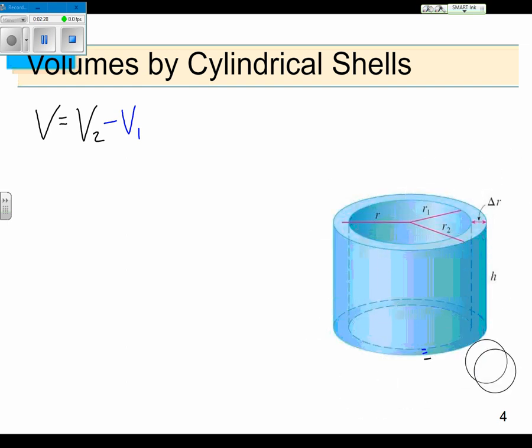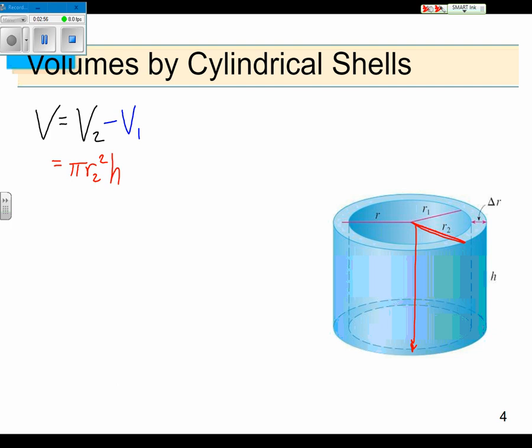As you can see, I've got some different stuff labeled on here, and I'm going to derive the whole formula going down. Okay, so we're talking about a shell right here. The outside shell, as you can see, I use the radius to be R2. And so it's a circle up there on top. So it's just going to be pi R2 squared, and then it goes down h times.